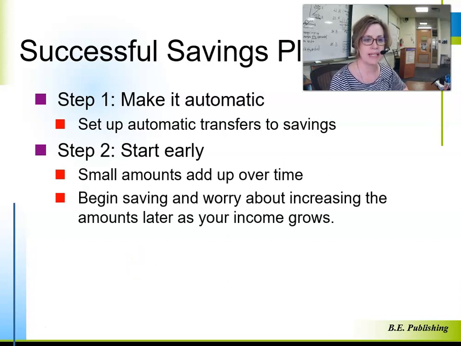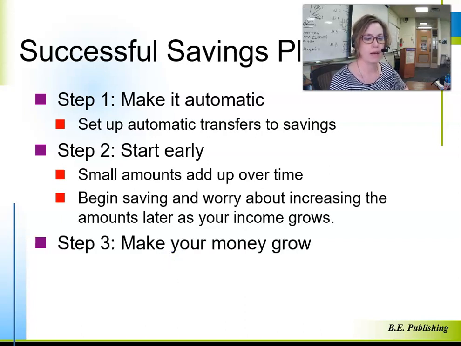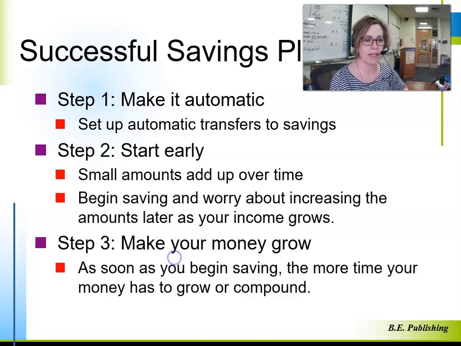You want to begin saving and worry about increasing the amount of money that you're going to save as your income grows over time. So any amount, whether or not you perceive that as very small, is fine. You want to focus on making your money grow.